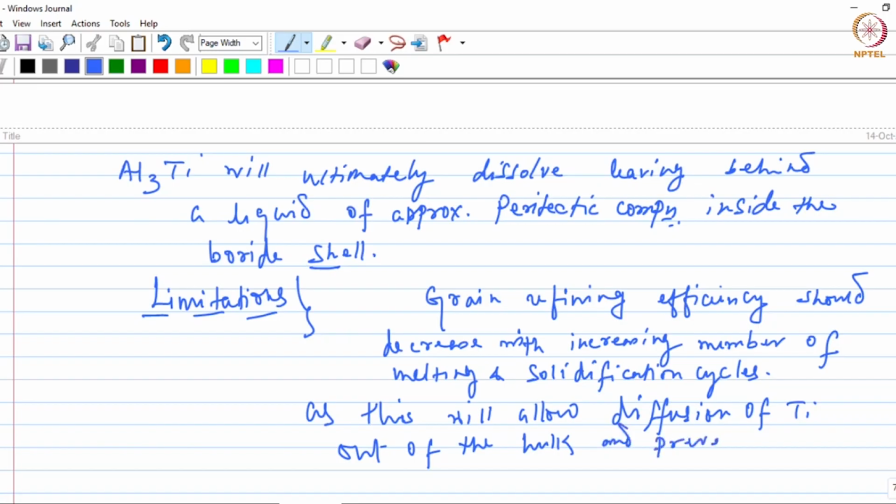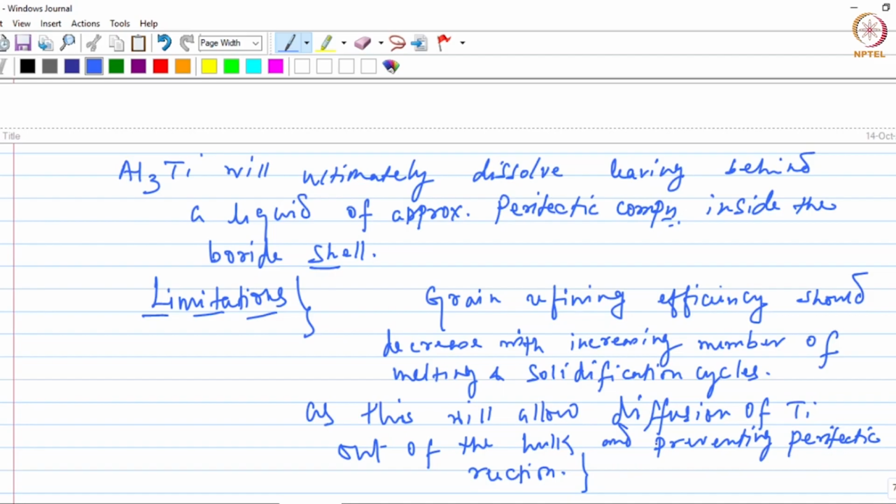And that will prevent the peritectic reaction. And if this reaction is prevented, the grain refinement efficiency will also come down, because we have seen before that the grain refinement occurs through this peritectic reaction.